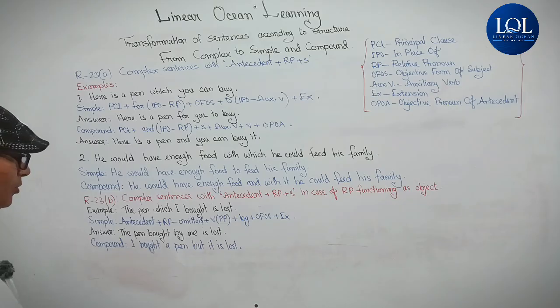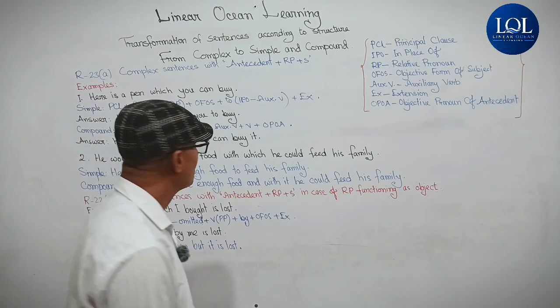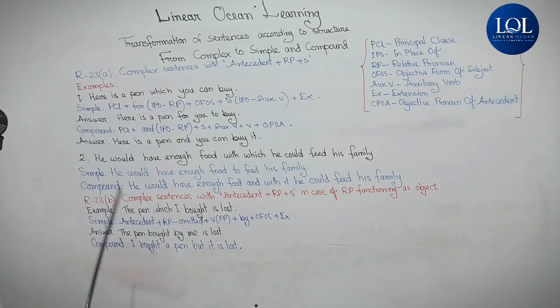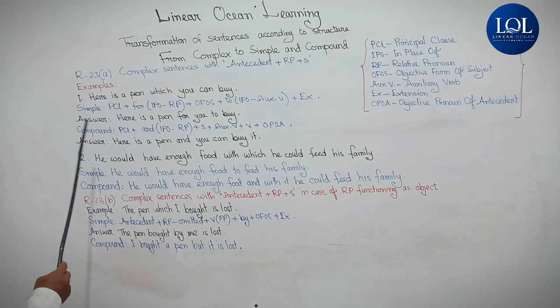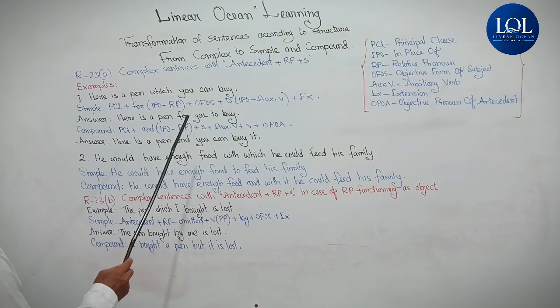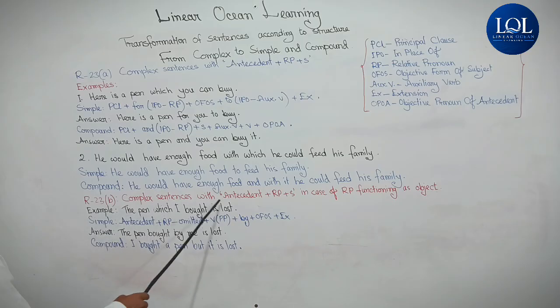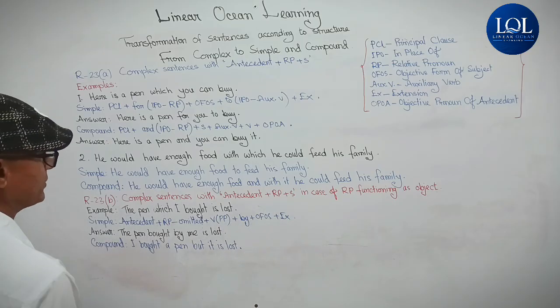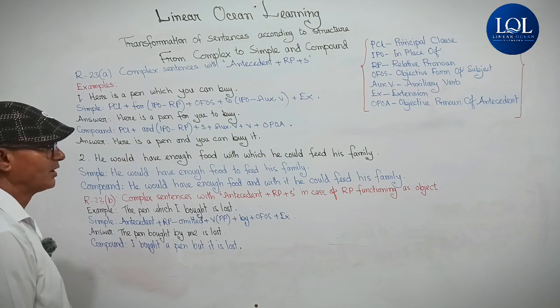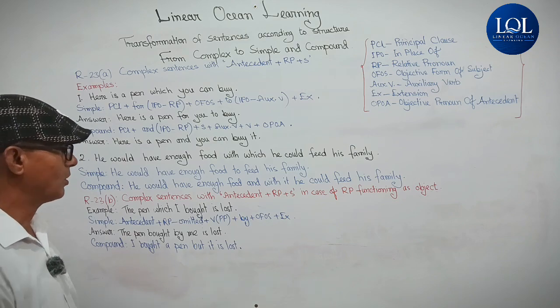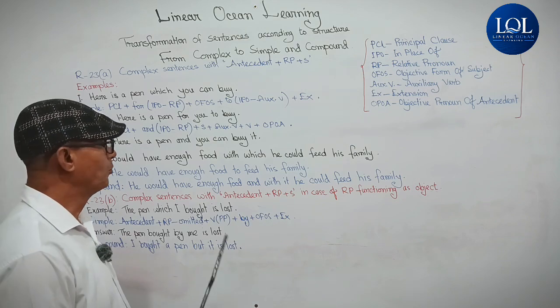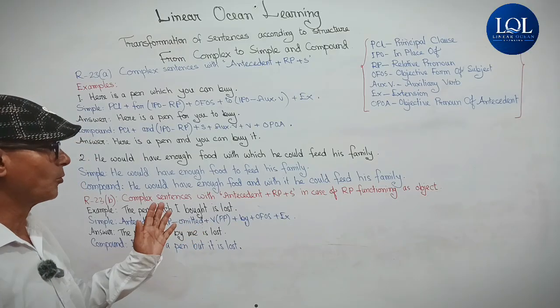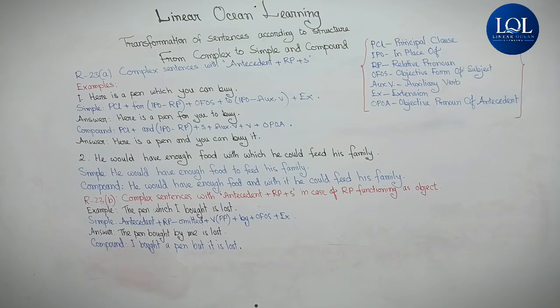In case of the compound sentence, I would like to say that for complex sentences with antecedent plus RP plus subject, there is no practice of transforming them into compound.